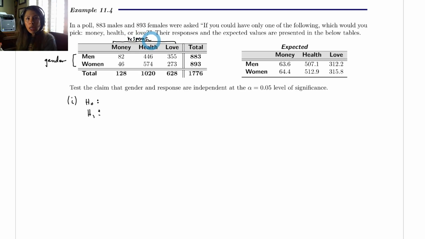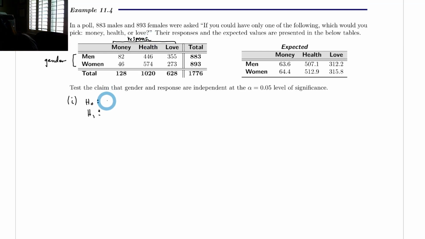So our null hypothesis is assuming the row and column variable are independent, right? So that means the null hypothesis in terms of our scenario would be that the gender and response are independent.